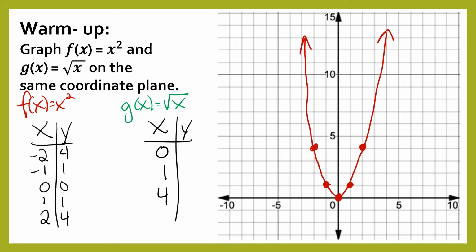And then 9. Alright, so square rooting those, we'll get 0, 1, 2, and 3. So if you graph, it'll be (0, 0), (1, 1), (4, 2), (9, 3).